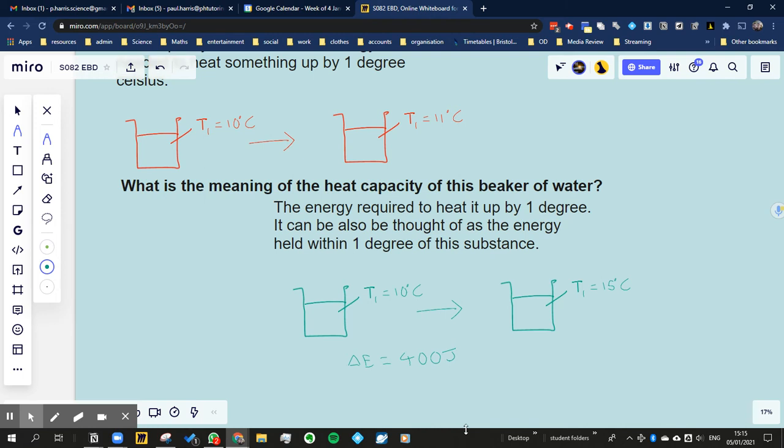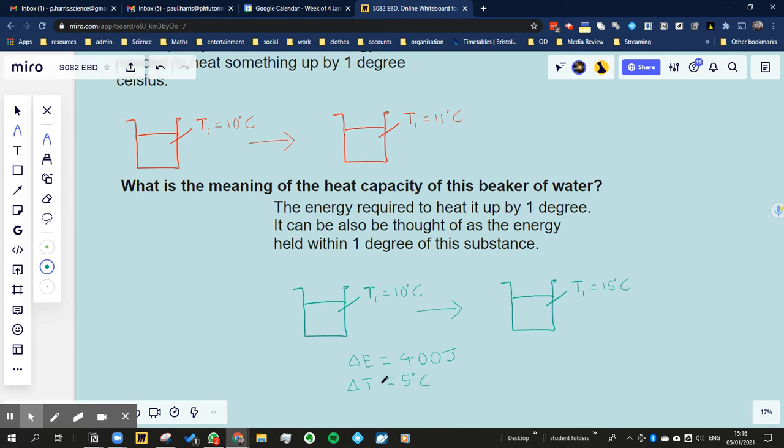So what is the heat capacity if that's the case? Think about what heat capacity means, and see if you can work out what the heat capacity would be in this case. The change in temperature is 5 degrees. The change in energy was 400 joules.